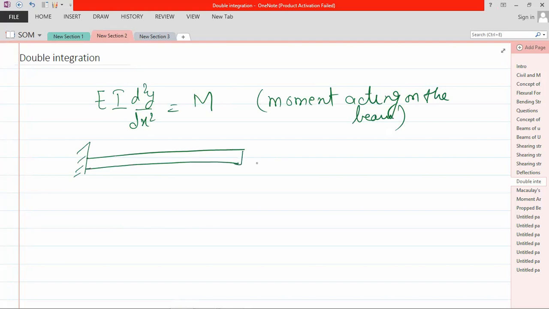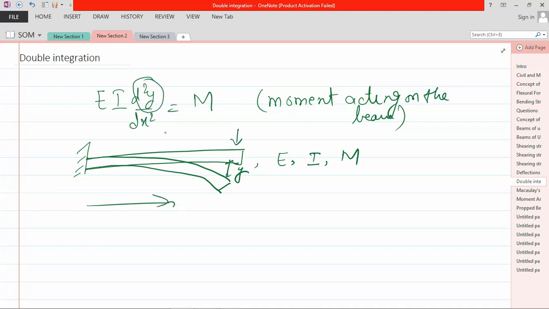Your beam has elastic constant E, moment of inertia I, given moment M. Then the shape of the beam would be like this. Suppose I apply a load here, the shape of the beam would be like this. So this deflection, the y deflection, is given here, and the distance x is given here.